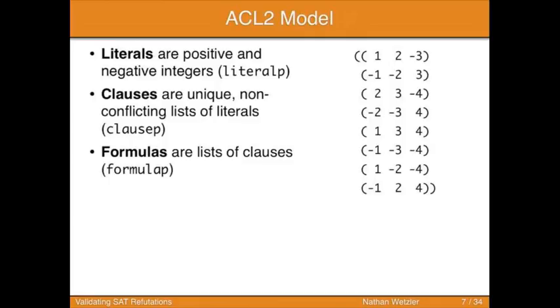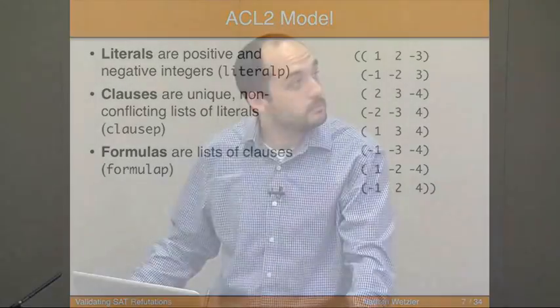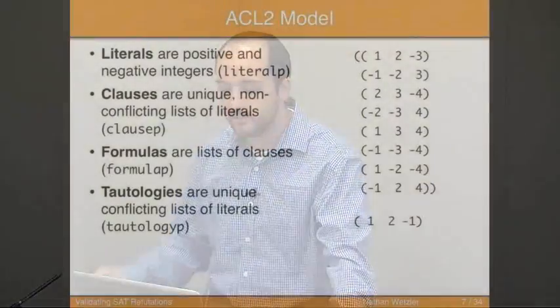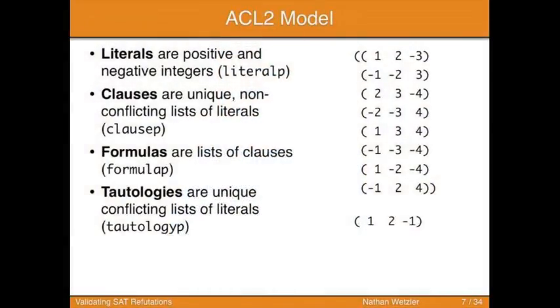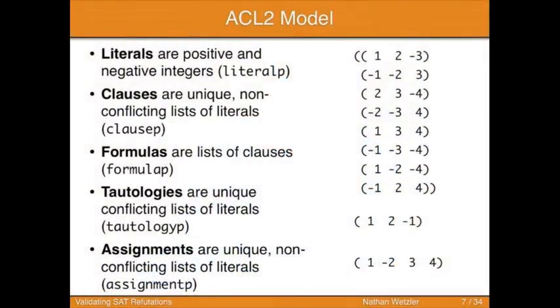We can compose formulas by having a list of clauses. And we say a tautology is a unique conflicting list of literals. So here in our model we have tautologies and clauses defined separately, and that requires a few extra checks in our model. This is a tautology because it contains 1 and minus 1.